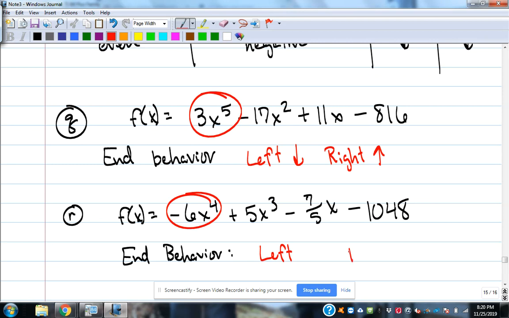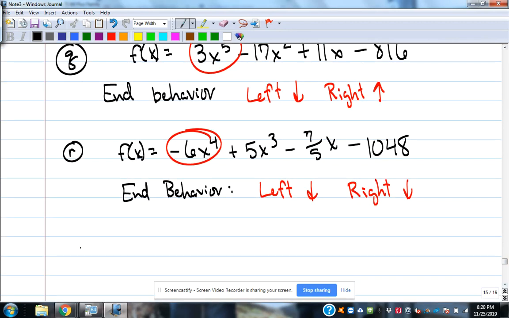So what's the left side and the right side both doing? Down. Even degree, they're always going to go the same direction. That'll help you remember that. Even, they go even directions. They always go the same. Positive up, negative down. That's always what evens do.